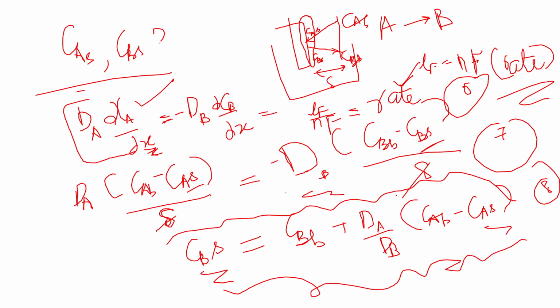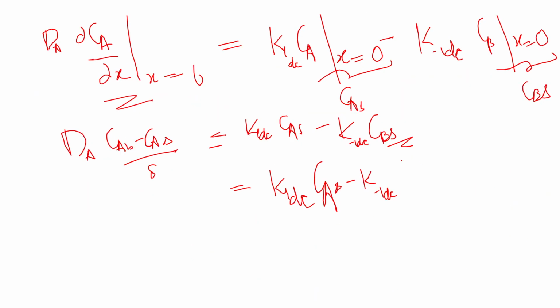So CBS is nothing but CBB plus dA by dB into CAB minus CS ... CBB ... dA by dB ... by CS.